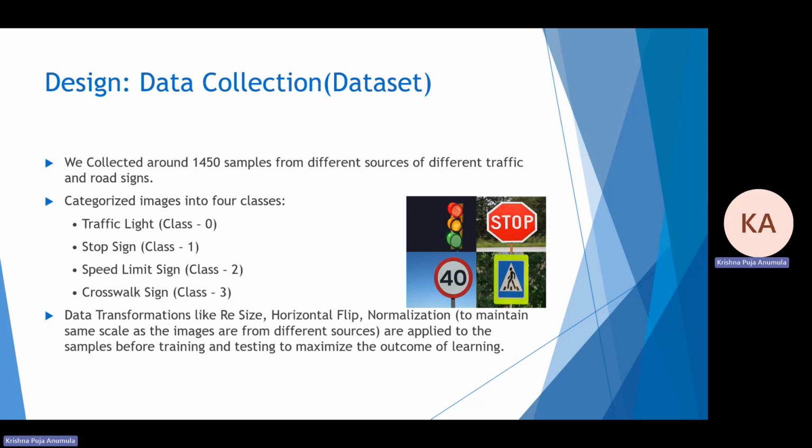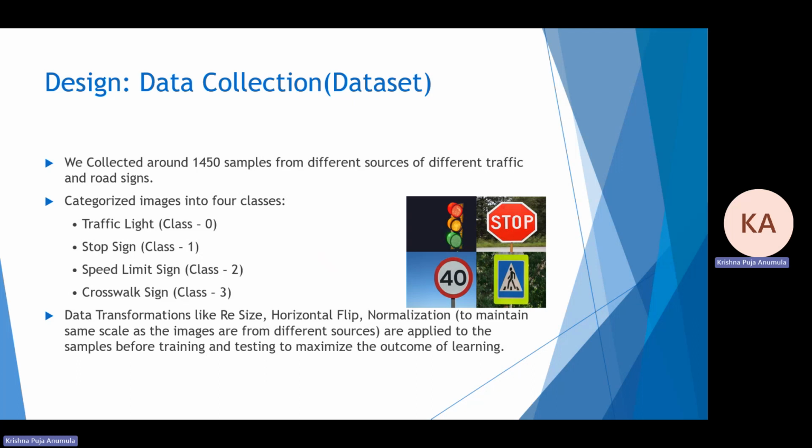Next, we are delving into the design. First we collected around 1450 samples of traffic sign images from different sources. We divided the samples into training and test sets and labeled them into four predetermined classes: traffic lights, stop signs, speed limit signs, and crosswalk signs.